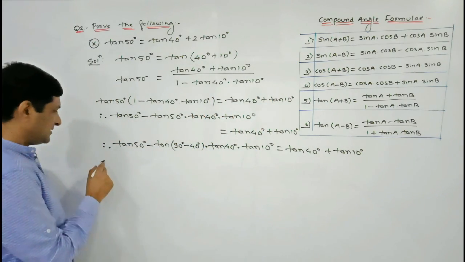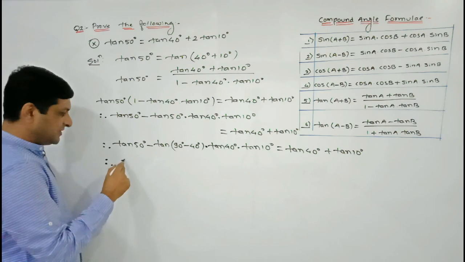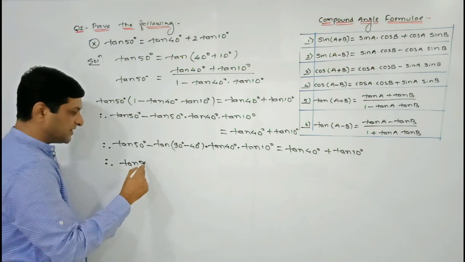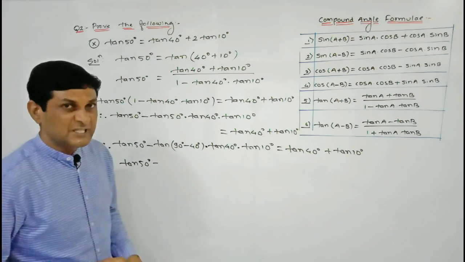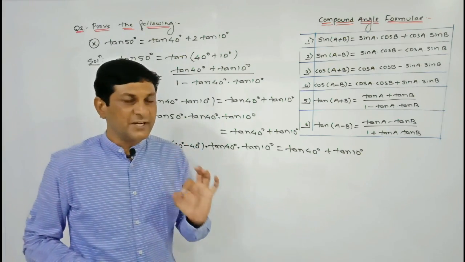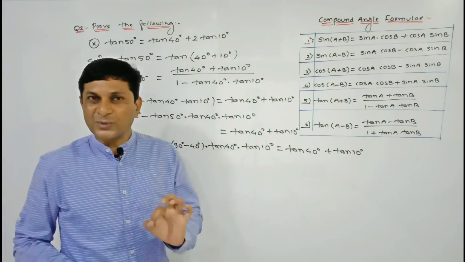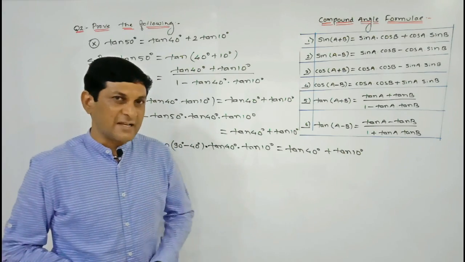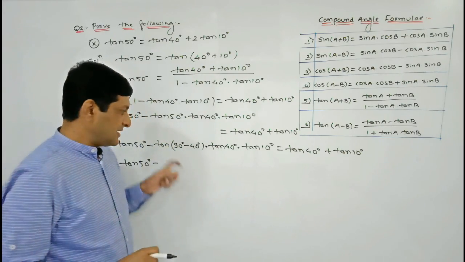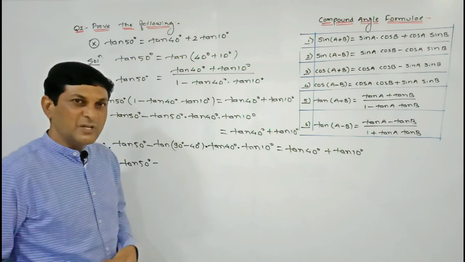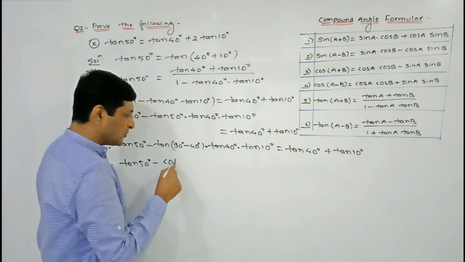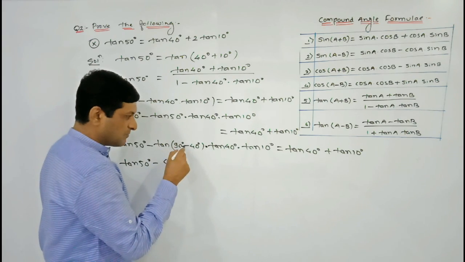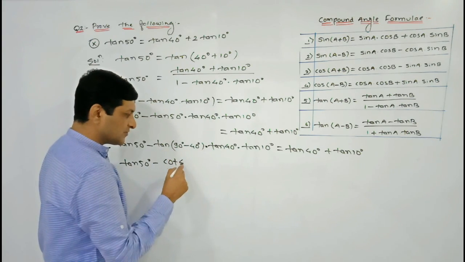Therefore, keep the first term as it is, tan 50 degrees as it is, minus also as it is. In your earlier classes, in 10th standard, you have studied trigonometric ratios of complementary angles, and in that case you have proved that tan 90 minus theta will be equal to cot theta. So tan 90 minus theta will be equal to what? Cot theta. Tan 90 minus theta means theta is how much? 40 degrees.